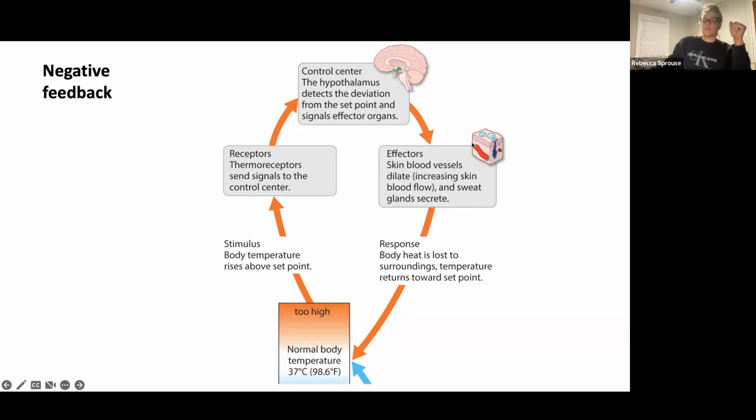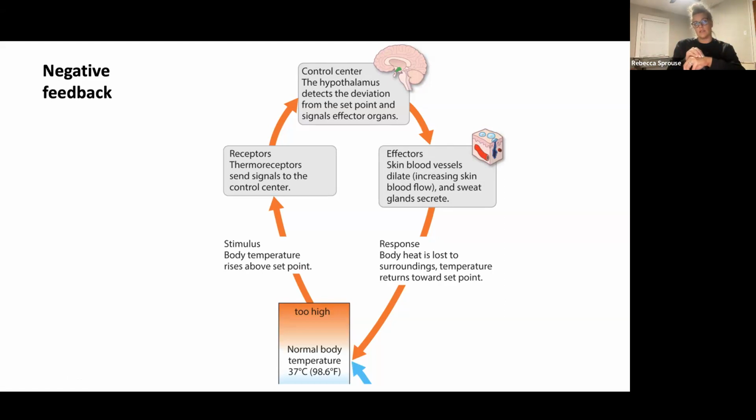So we send a message back out, and this is the effector. Your blood vessels are going to dilate. When your blood vessels inside your body dilate, they release heat to the outside environment, and that's great because the inside environment then cools down. Also sweating: sweating is perspiration, creating liquid on your skin surface.